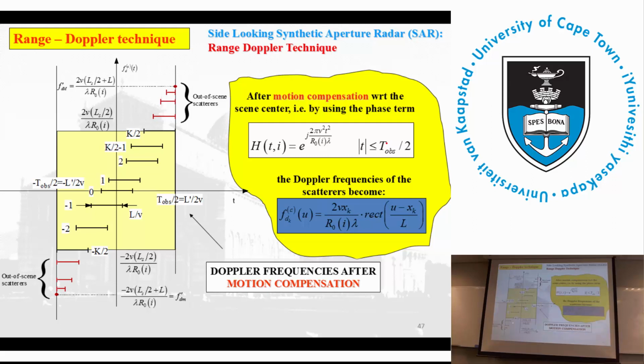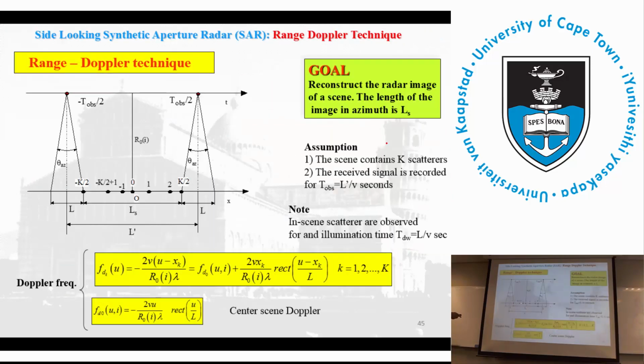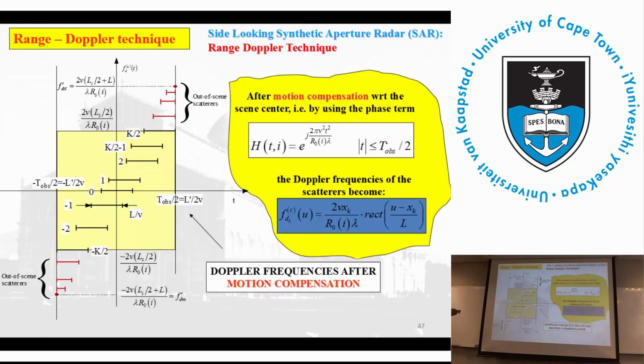Well, if you calculate now these maximum values here, this and that, they increase in value with respect to what we had before, because now we are allowing for more and more Doppler frequencies to be in scene. And this depends on the value LS. So the larger we choose this area to be, the higher the Doppler frequency that we're going to obtain.